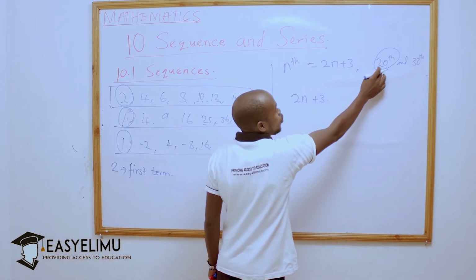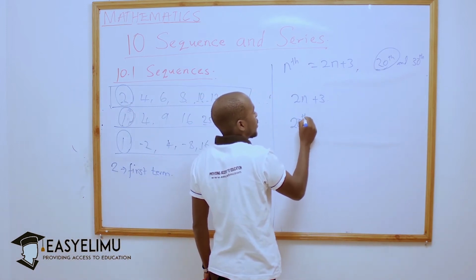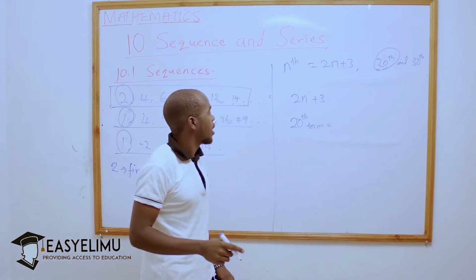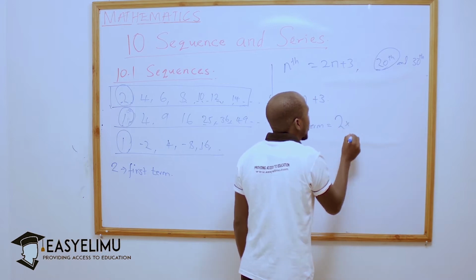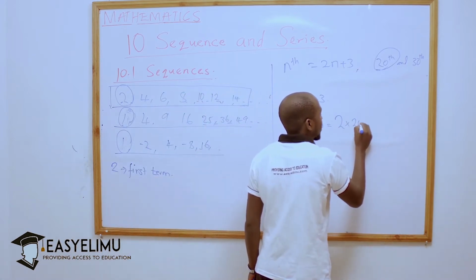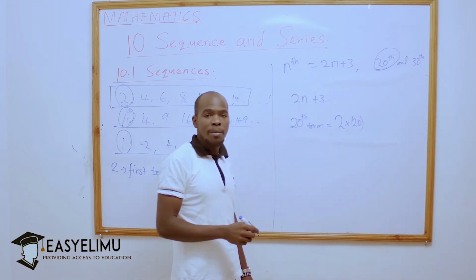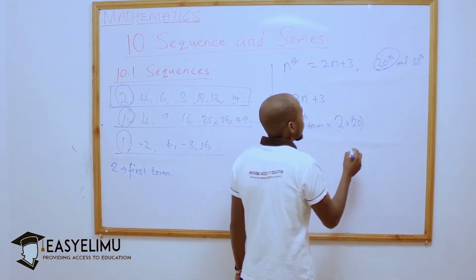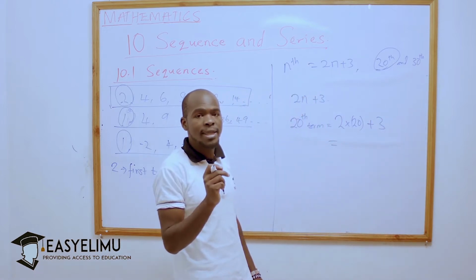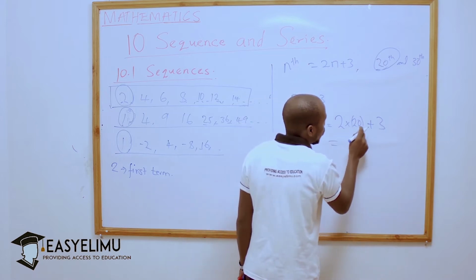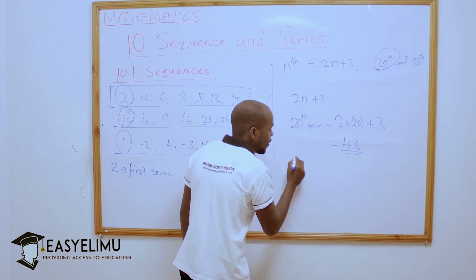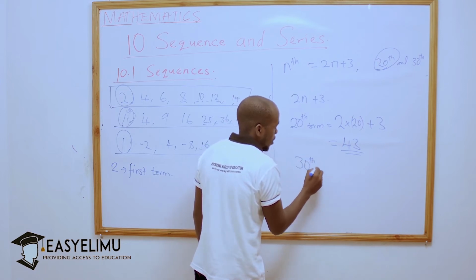So if it is the 20th term, you multiply by the term which you are seeking, here the 20th, so we multiply by 20, then we add 3, and we find the number at the 20th term will be equal to 40 plus 3, and you will find it is 43.